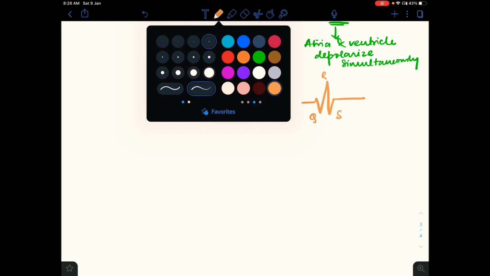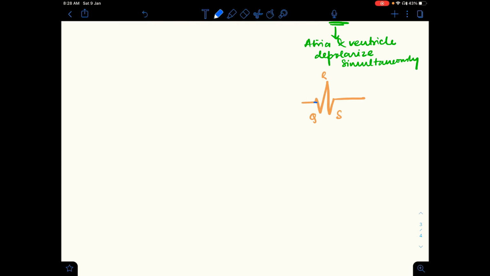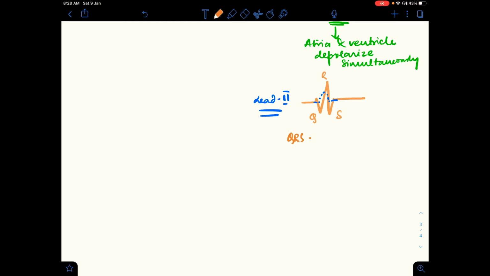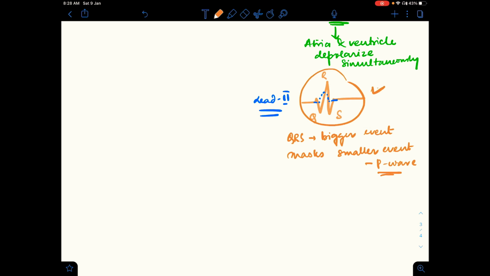At the same time as the QRS, there will also be a P in lead 2. But QRS is a bigger event, so it will mask the smaller event, the P wave, and we will see only QRSs in the lead.